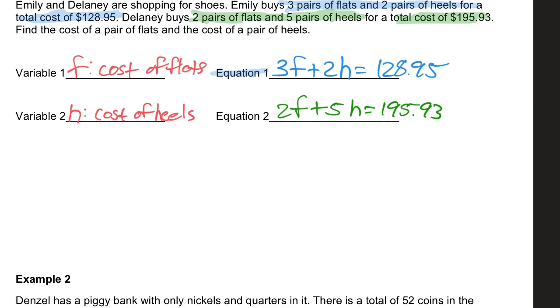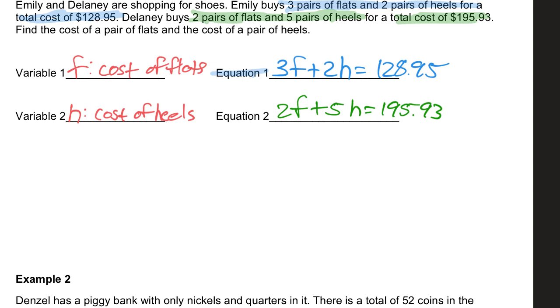So first off, when you have standard form like this, we're going to use elimination. And in this one, notice that I can't turn a 2 into a 3 or a 2 into a 5. And there's no negatives anyway, so I'm going to have to change both equations. So let's go ahead and do that.